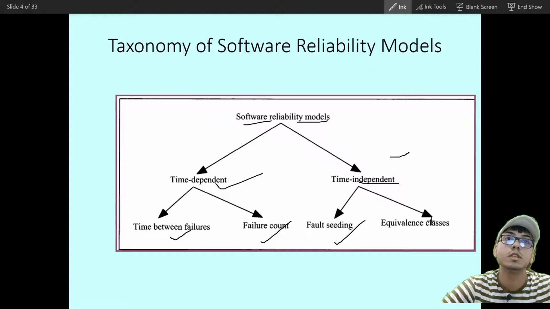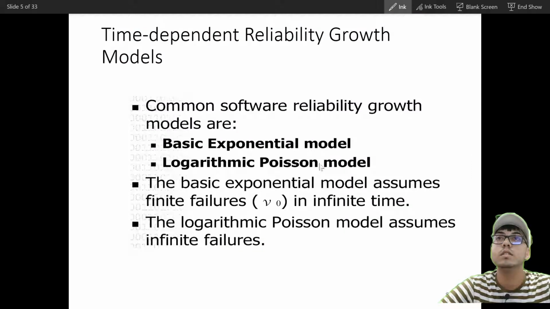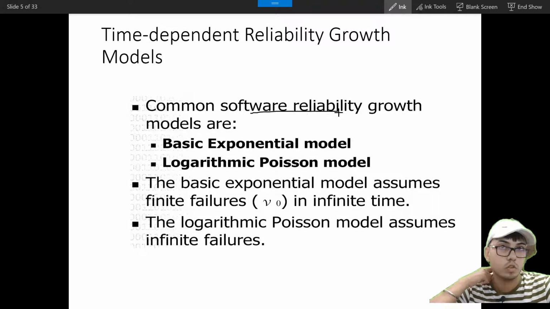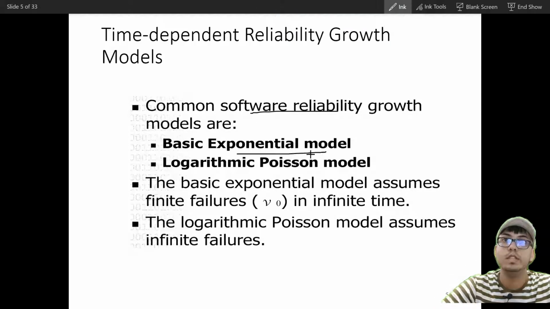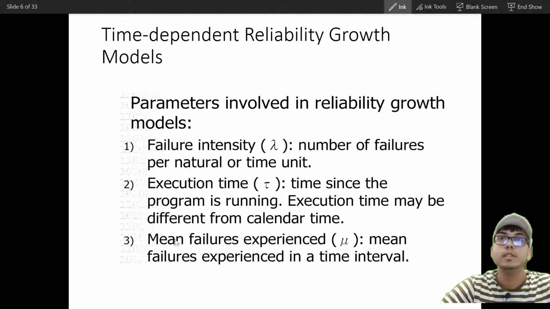So these are the time dependent reliability growth models. Common software reliability growth models are the basic exponential model and the logarithmic Poisson model. The basic exponential model assumes a finite number of failures in infinite time. The logarithmic Poisson model assumes infinite failures in infinite time.